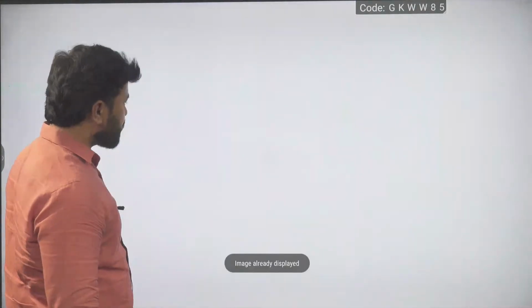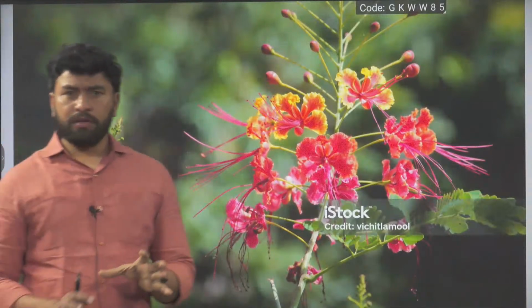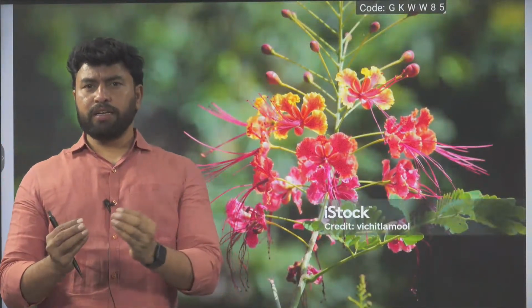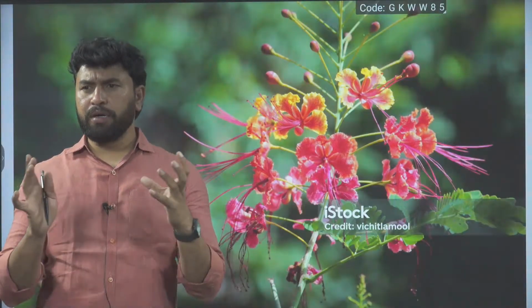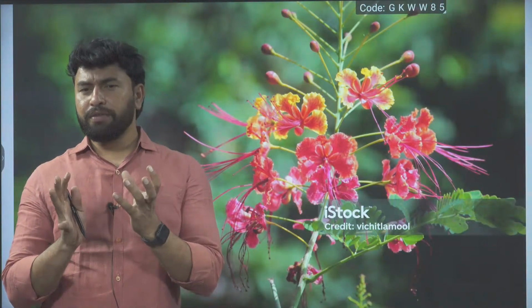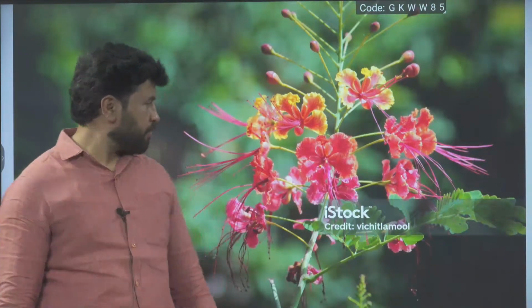This is not a small plant. This is generally grown on roadsides because in that season it produces a huge number of flowers which are very colorful and attractive. That's gulmohar. Okay.